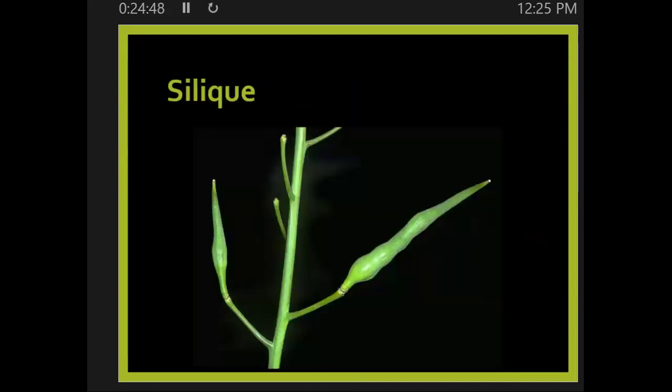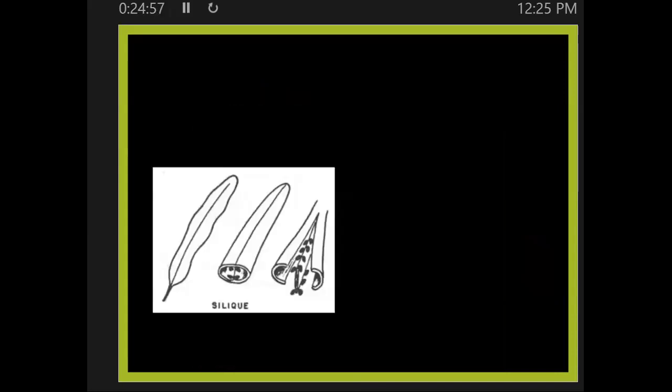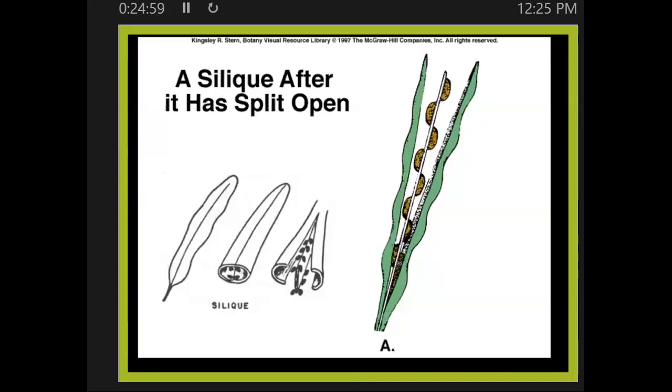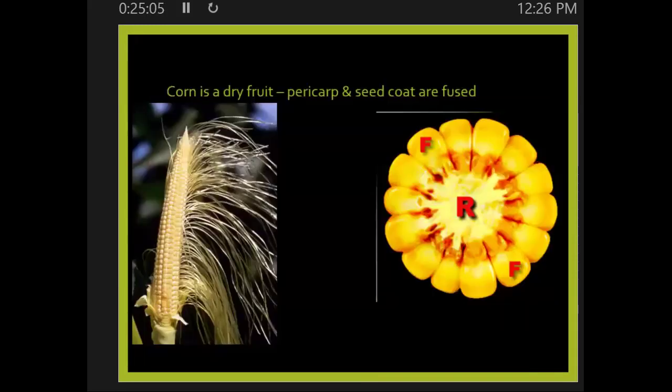You can split it open. So many, many interesting fruit designs.